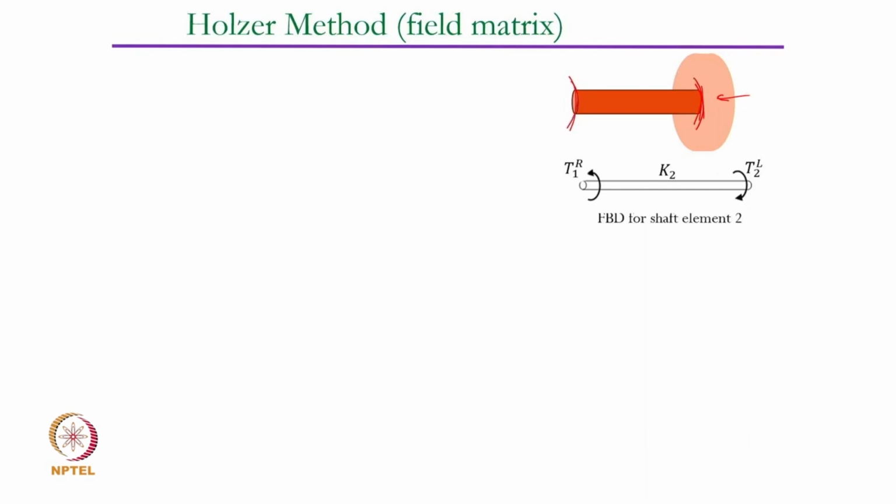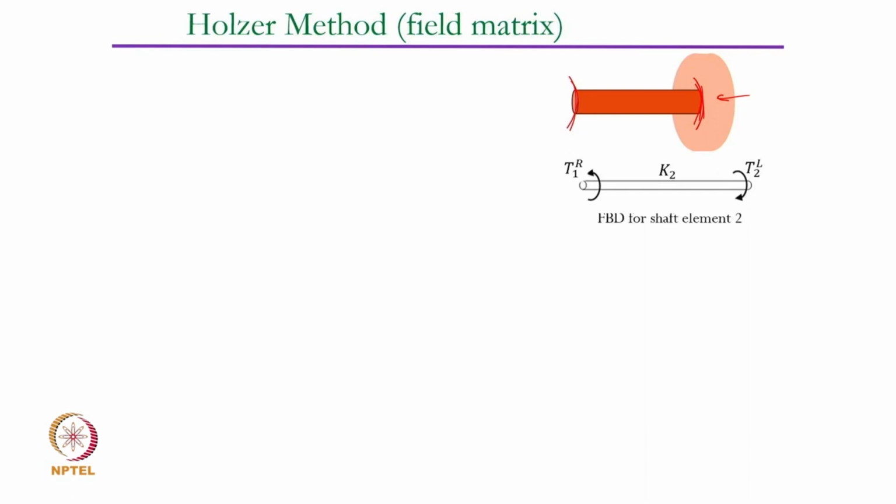So what we have is a massless spring element. The shaft here is considered massless, it only stores the strain energy. So whenever it undergoes a twist across the two ends, it stores the strain energy. We would like to look at the force balance in that case.